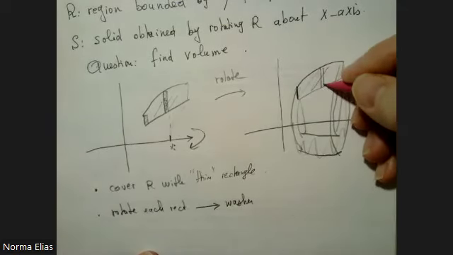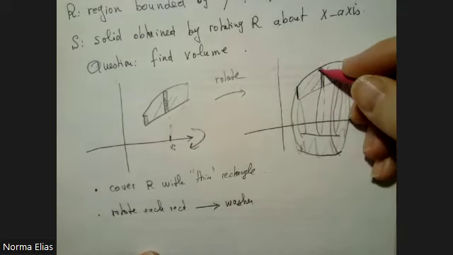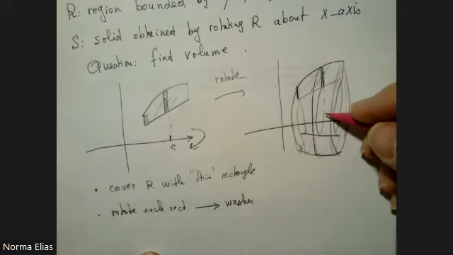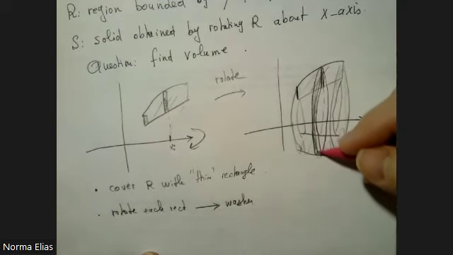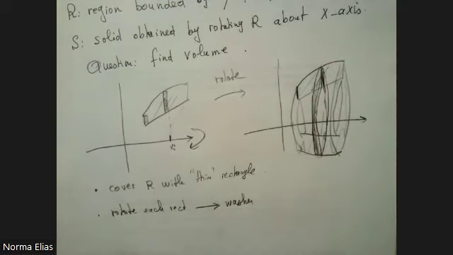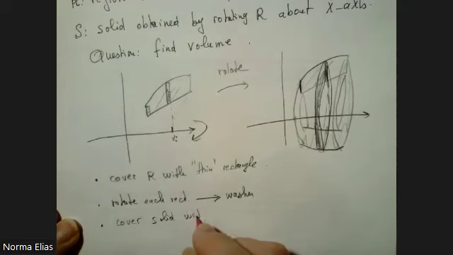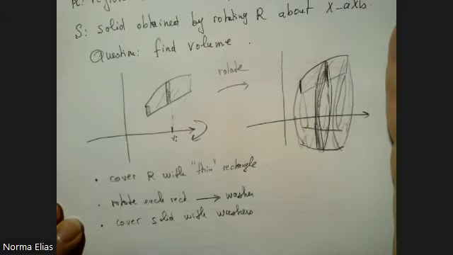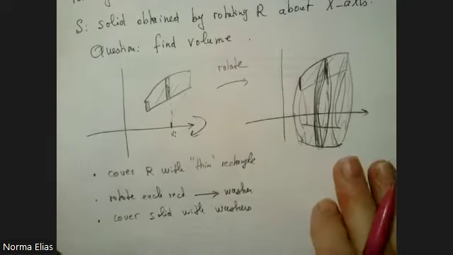So basically, this is my picture here, and this is where my washers are going to be. I don't have great drawing skills. So these are the washers. Okay, and the idea is we're going to cover this solid with washers. You can imagine this solid is just a washer next to a washer next to a washer. So you can imagine the inside is a bunch of washers next to each other.